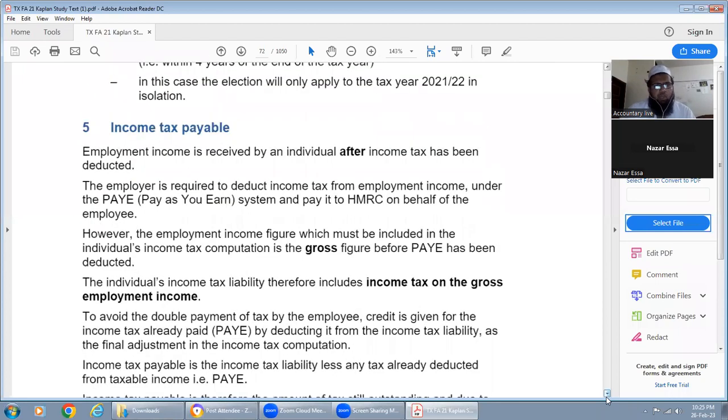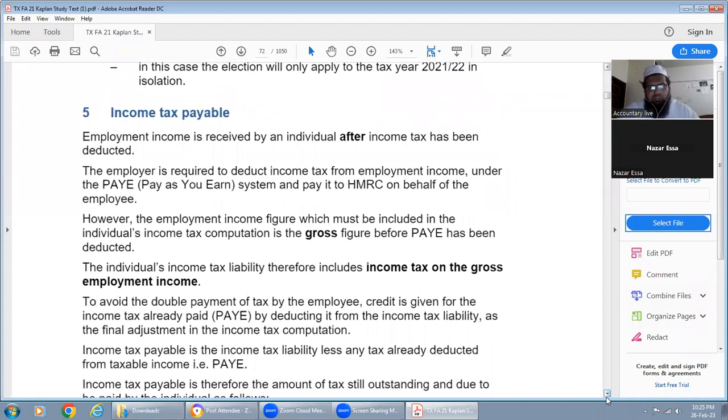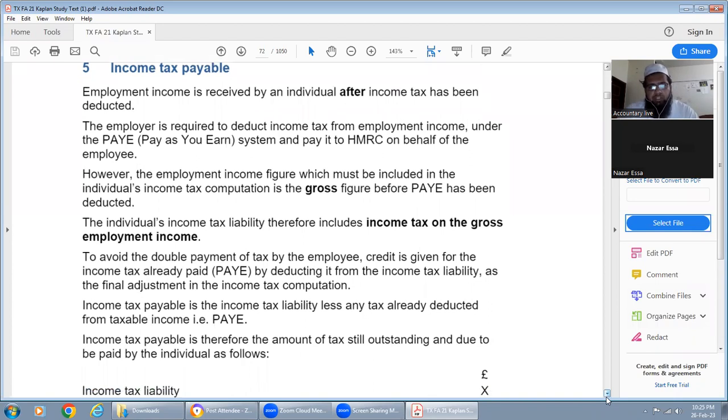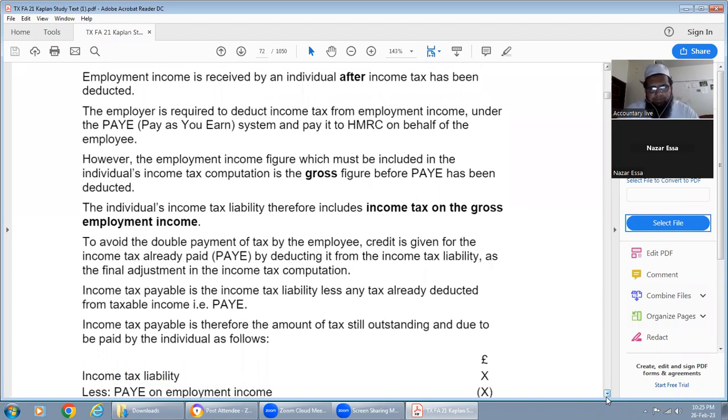Income tax payable. Employment income is received by an individual after income tax has been deducted. The employer is required to deduct income tax from employment income under the pay as you earn system and pay it to HMRC on behalf of the employee.